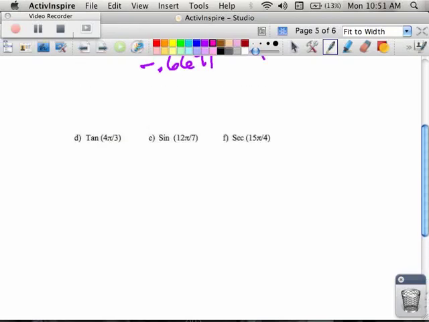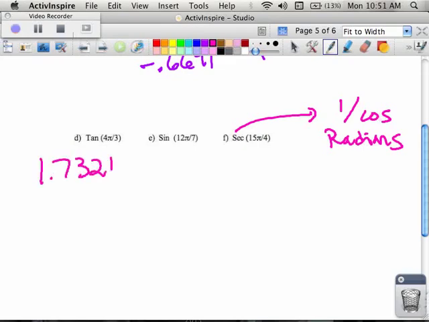So with D, E, and F, it's important to know that you're in radians on your calculator. And secant is 1 over cosine. Those are the 2 important notes to make. And if you're typing these in your calculator, here are the numbers I get. Make sure you can get them. 1.7321, negative 0.7818, and 1.4142.